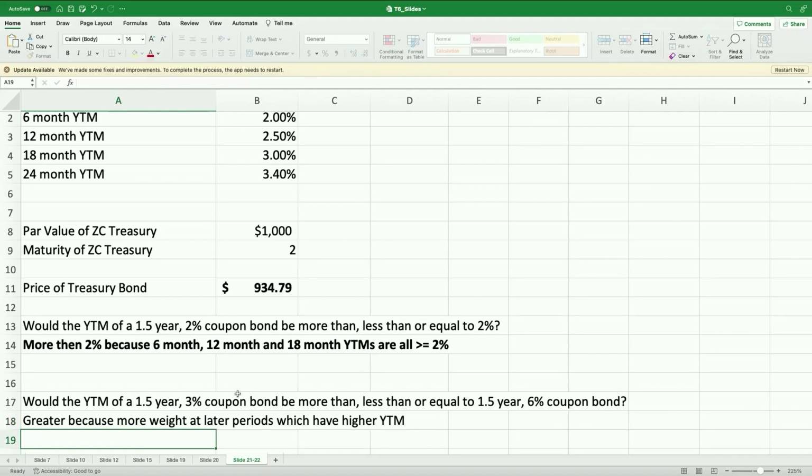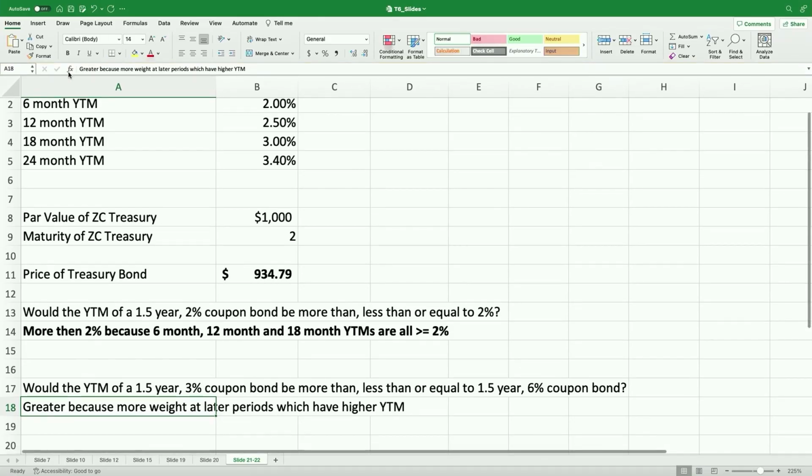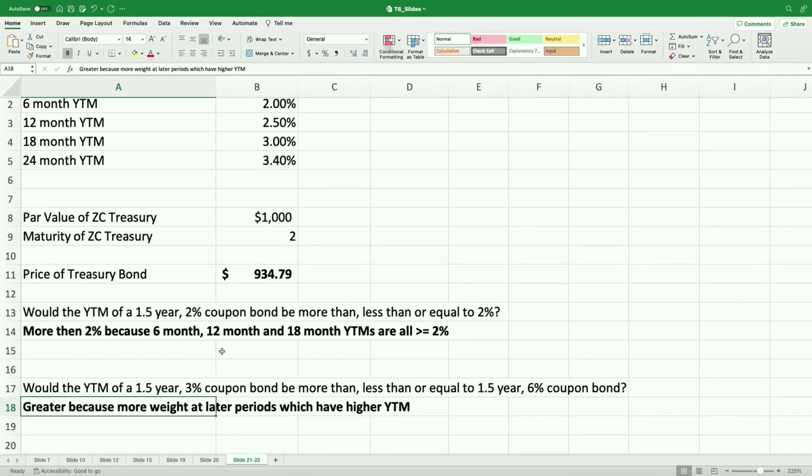So something like that. Or you could say greater because the 6% coupon bond will have more weight at earlier periods which have lower yield to maturity. Okay. That's communicating the same thing. Okay, so some answer like that.